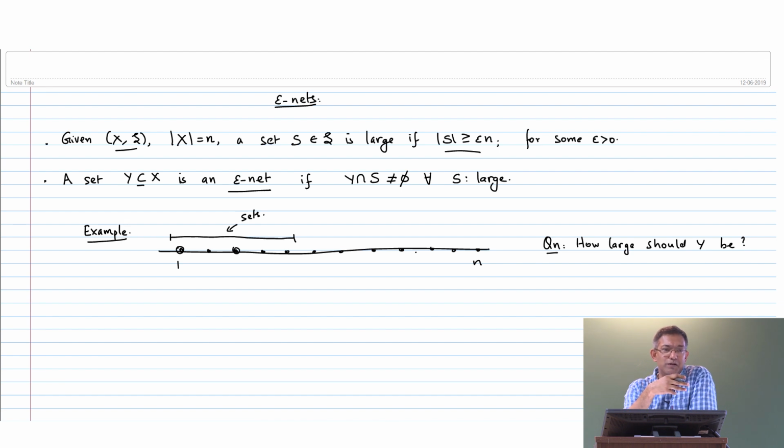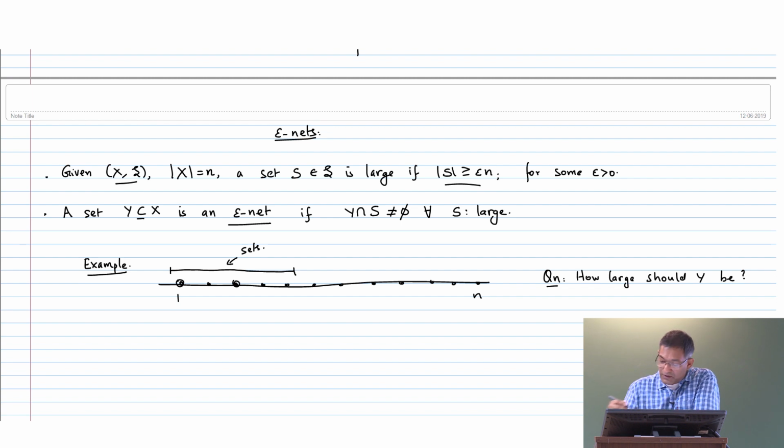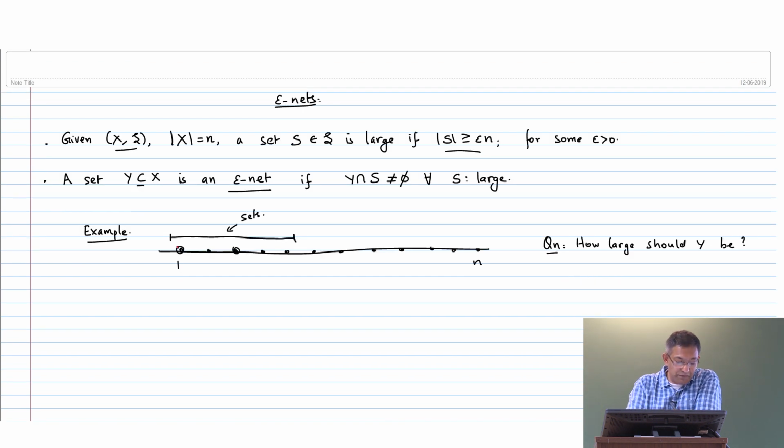Yeah, so in this case, you can also give a constructive argument: pick every 1 over epsilon-th point. And this is an epsilon net.